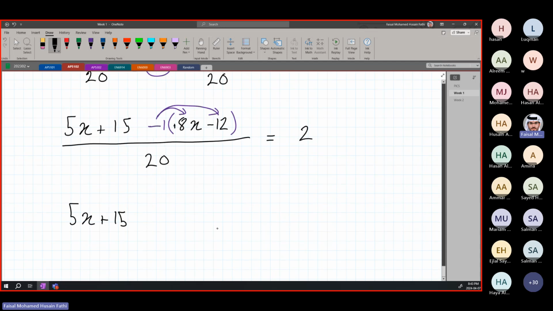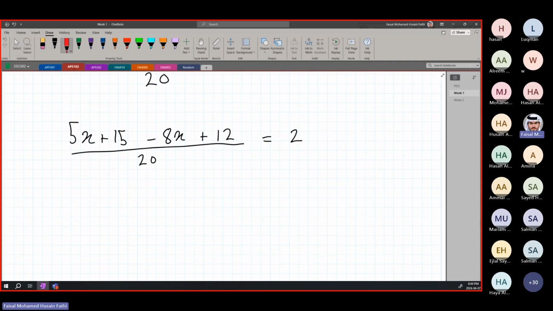So minus and plus becomes minus 8x. Minus and minus becomes plus 12. All over 20, which is equal to 2. Okay? For 5x plus 15, again, we're going to do the same exact idea. We're going to group up the x's, and then group up the non-x's and just simplify them.